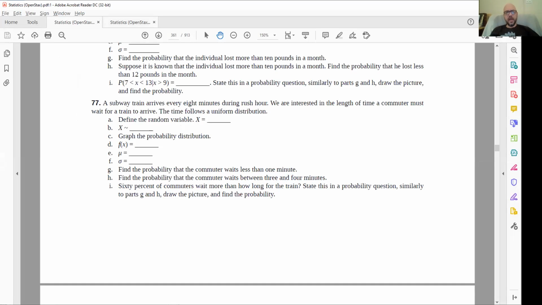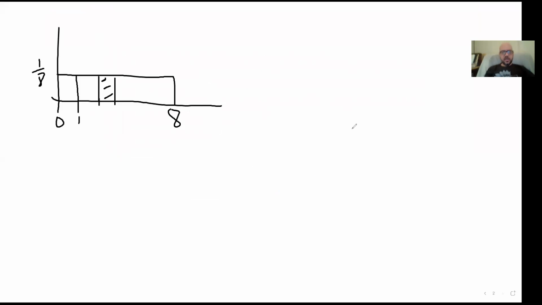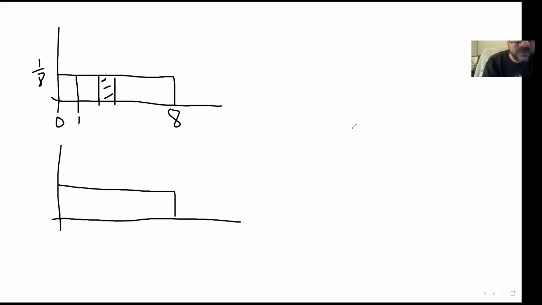60% of commuters wait more than how long for the train? That is an easy question to mess up. It's saying 60% wait longer than a certain amount of time, and it's not obvious how you should interpret that, right?